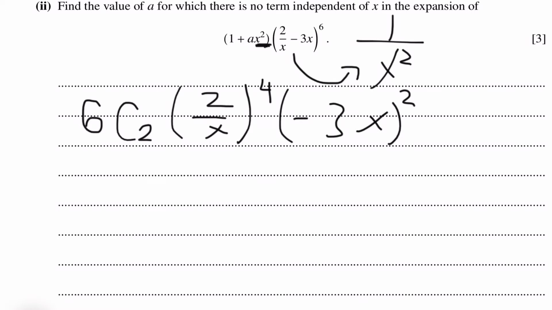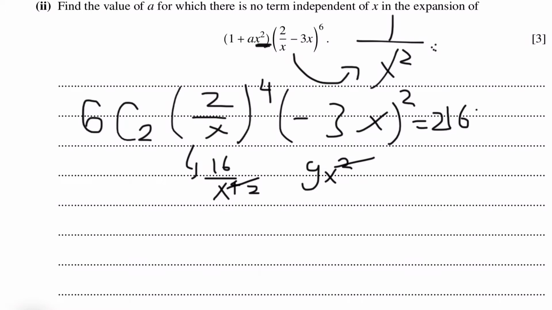So this way you will have 16 over x to the power of 4 for this value and 9x squared for this value. So you can just cancel out the powers and this will be x to the power of -2, which is what we need. So from here, your value is 2160 over x squared.